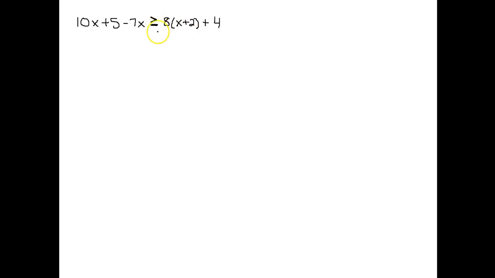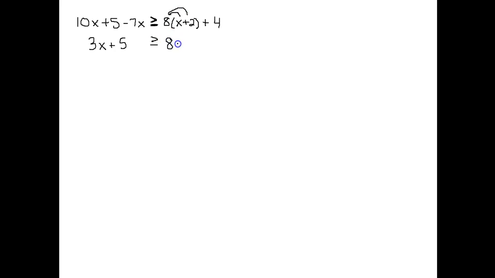But our quest to find the values will start out just like our quest to solve equations. We will simplify left side, simplify right side. All right, left side we got 10x minus 7x that can combine to 3x. Then we got that plus 5 greater than or equal to. Then right side we can distribute the 8.